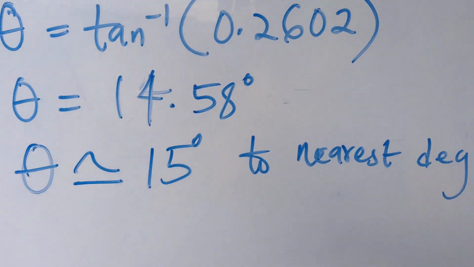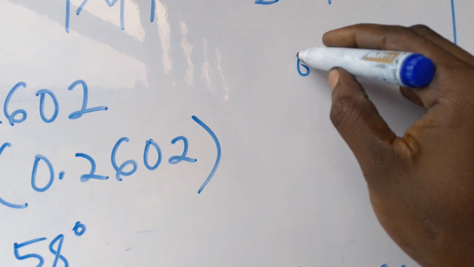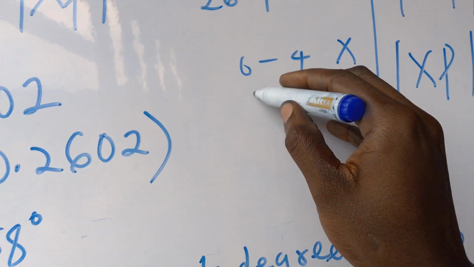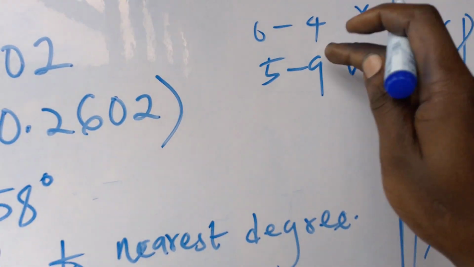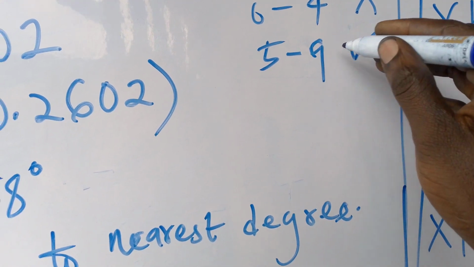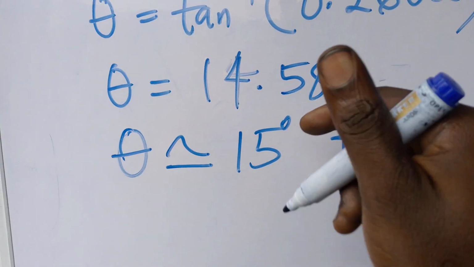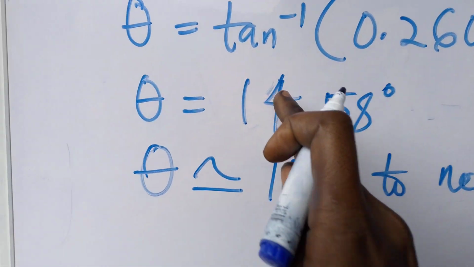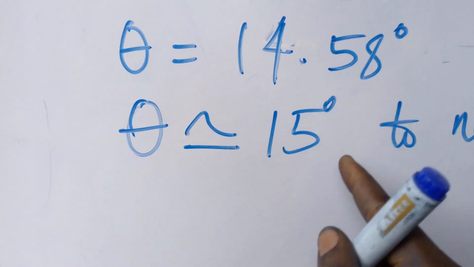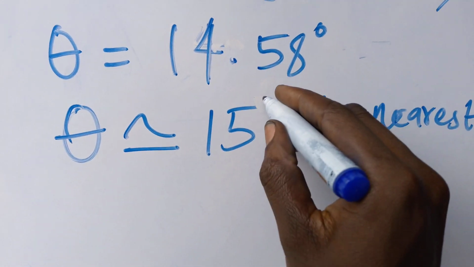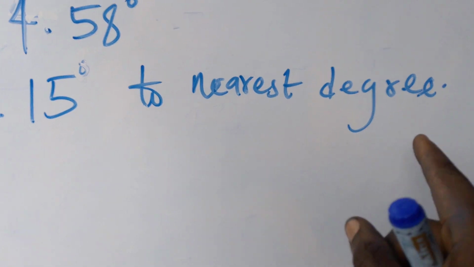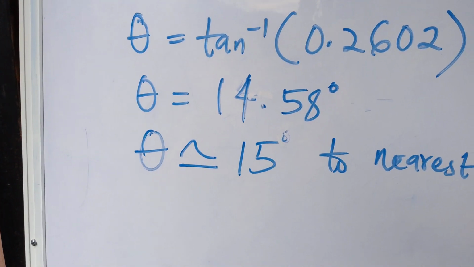You should know about approximation that numbers from 0 to 4 are rounded down, and from 5 to 9 are rounded up. You see that this is 5, so you round up, and this becomes 15 degrees to the nearest whole number, or nearest degree. So that is it.